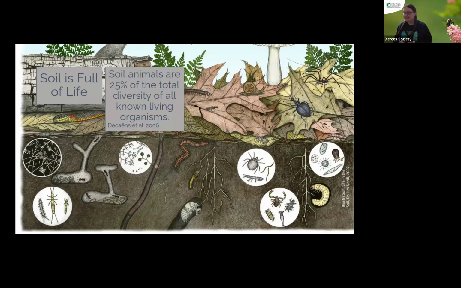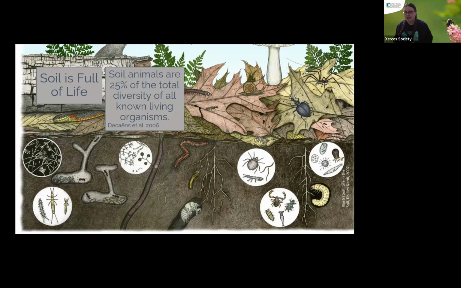So this slide kind of takes us into our focus from the teeny tiniest microbes, bacteria and fungi, to meso and macro invertebrates, so those larger invertebrates, and of course, the plants and other animals, vertebrate animals that are there as well.